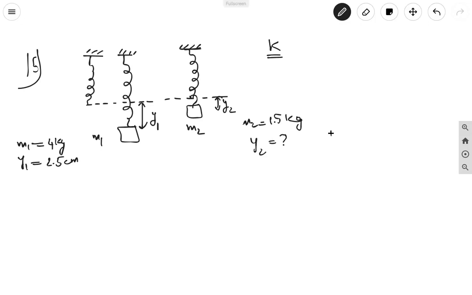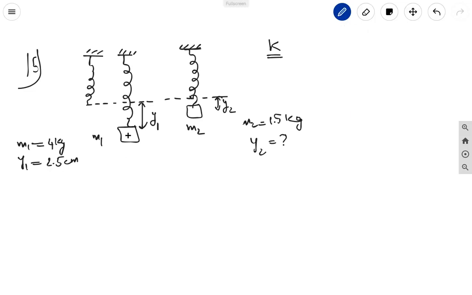To do so, we actually need two equations that both contain K, and then we can eliminate K between these two equations. Let's start with M1.